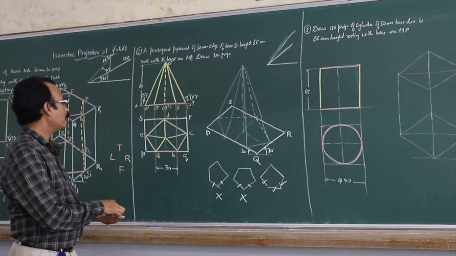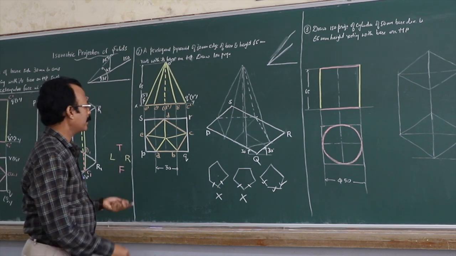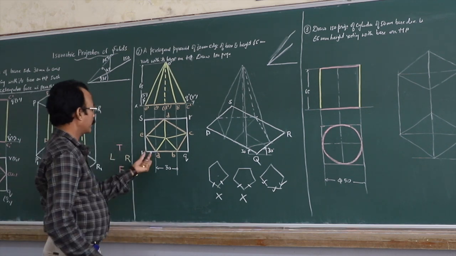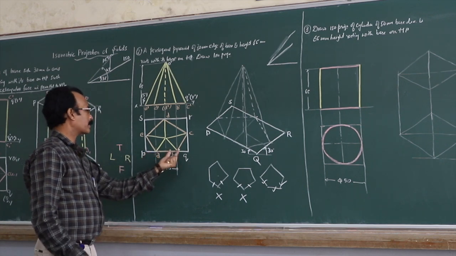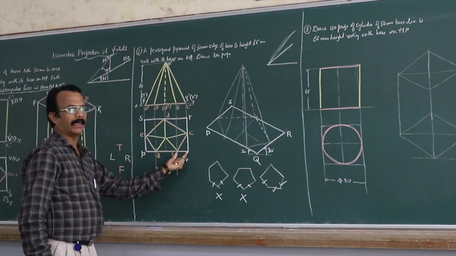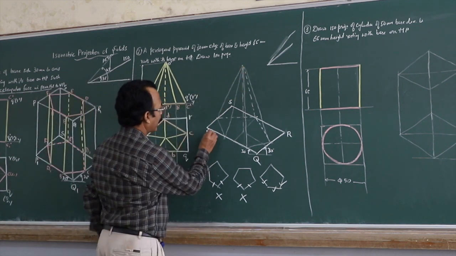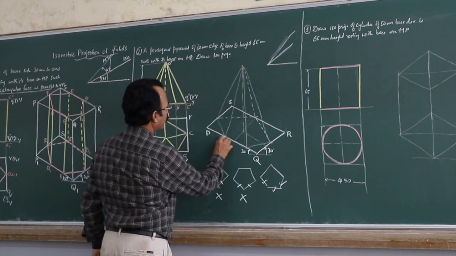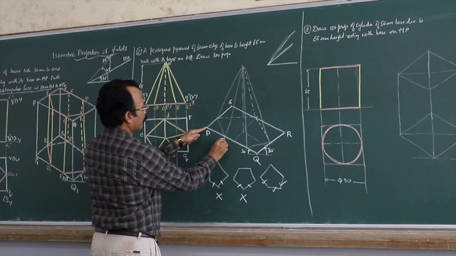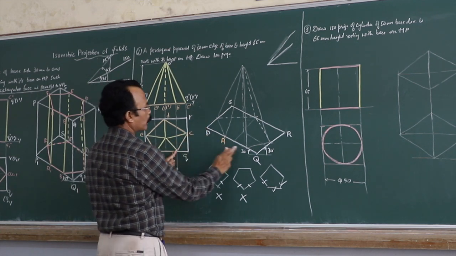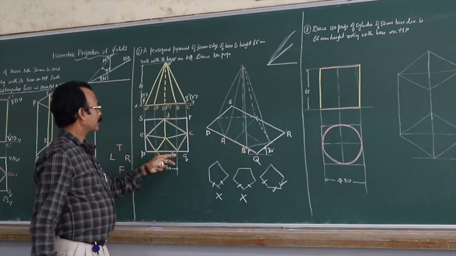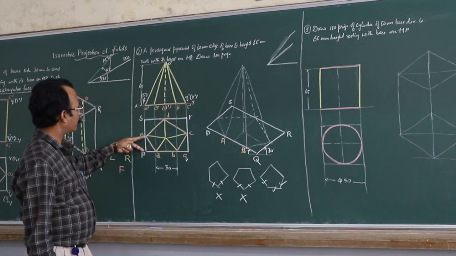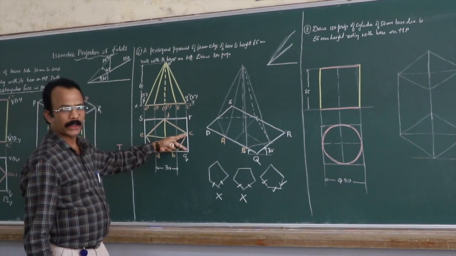Now, as we did for the hexagon, the same thing you repeat here. You take this distance PA, which will be equal to QB. Get it converted and mark the point A from P. Then from Q you mark the point B. Then you take this distance PE, which will be equal to QC.